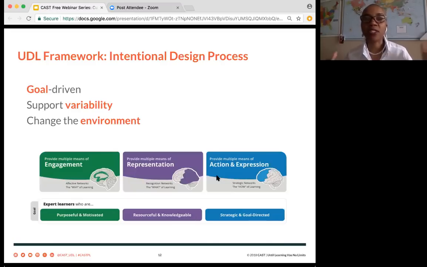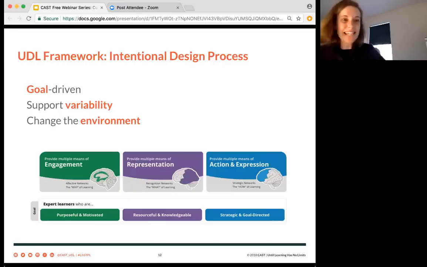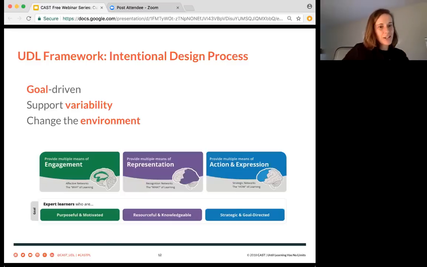The options are limitless of what they're able to do. I encourage you to take a look at that if you have access to Netflix, because that really does provide lots of options for action and expression. And that link is in that overarching document where those are all in there.